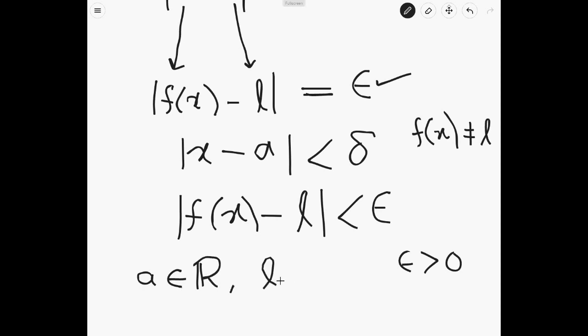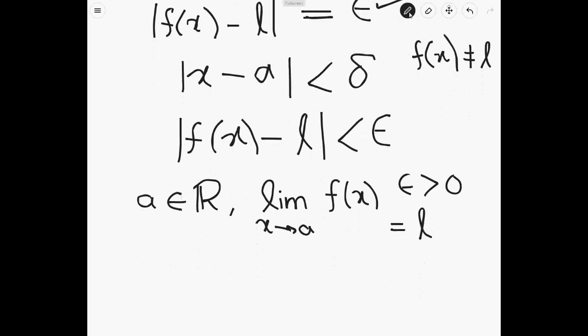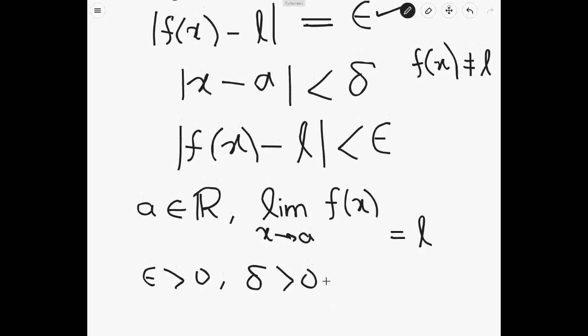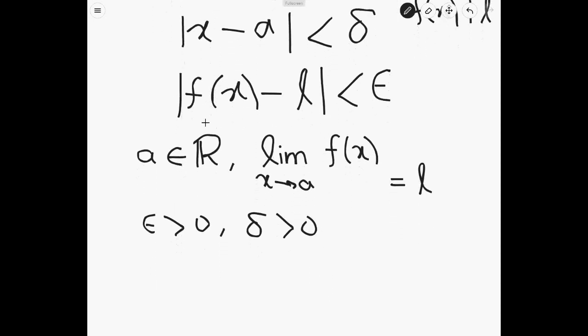Then if the limit of the function f of x as x approaches a is L, it means that for every epsilon greater than 0 there exists delta greater than 0 such that this inequality holds.